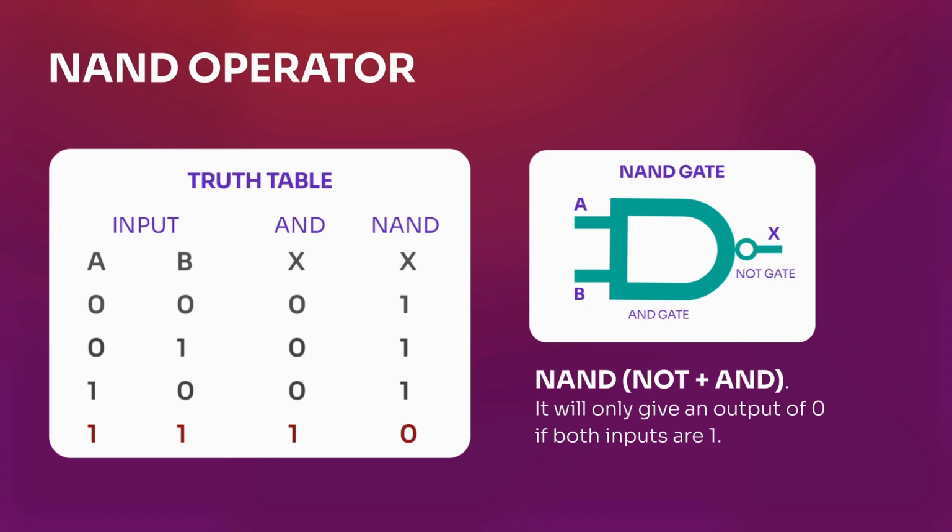Otherwise, the output is 1. Another way to visualize it is that a NAND gate inverts the output of an AND gate. The NAND gate symbol is an AND gate with the circle of a NOT gate at the output.